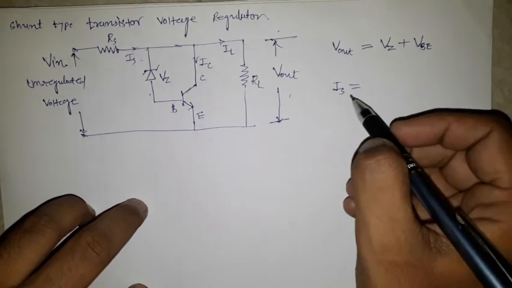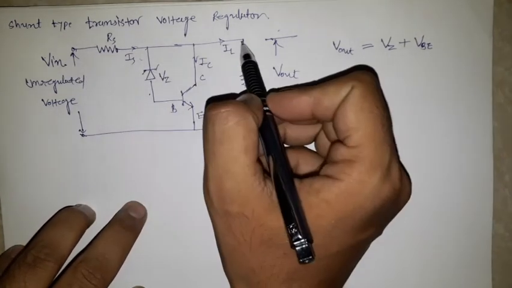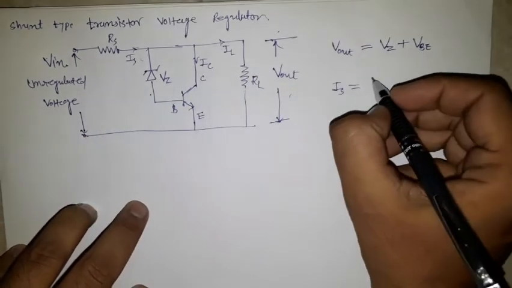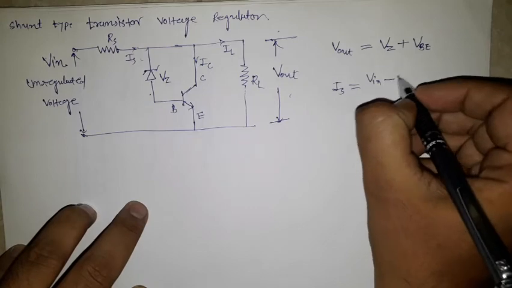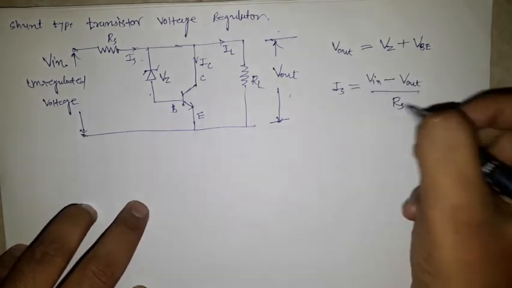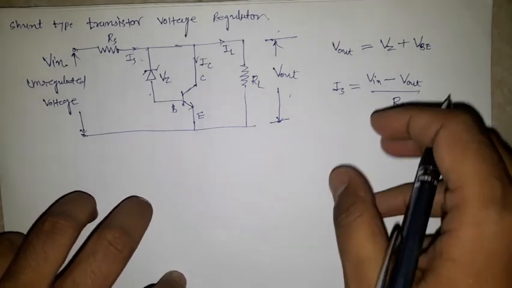So IS is equal to input voltage minus output voltage divided by resistance RS. It means IS equals VIN minus Vout divided by RS. This will be the formula for IS.